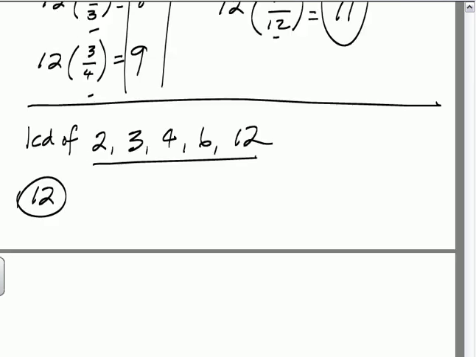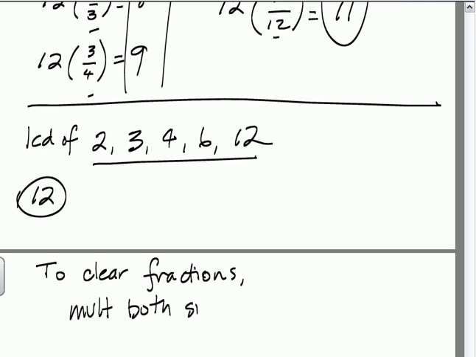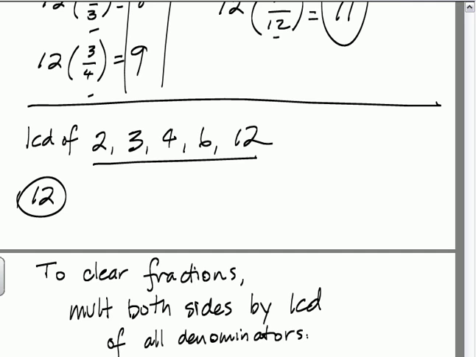So the moral of the story is: to clear fractions, multiply both sides, because we can do that with equations, by the LCD of all the denominators that you see. And goodbye fractions.